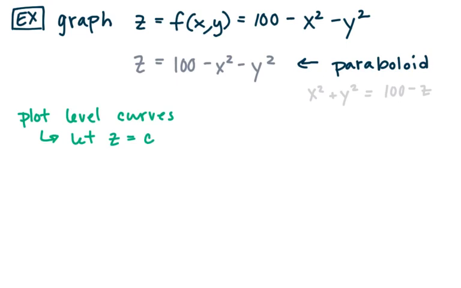So let's plot 3 level curves. Let's plot z equals f of xy equals 0. So if I let z be 0, I'm going to get a circle of radius 10.